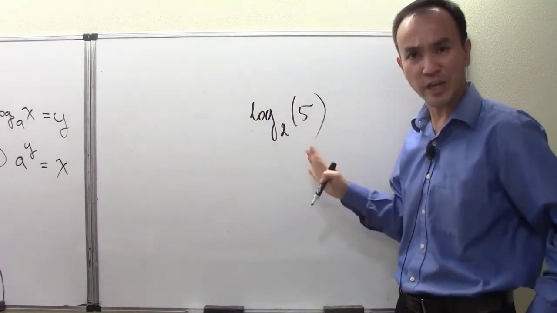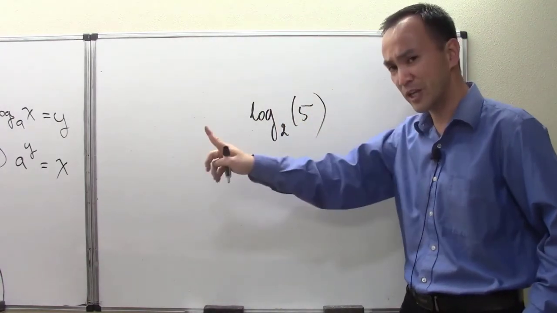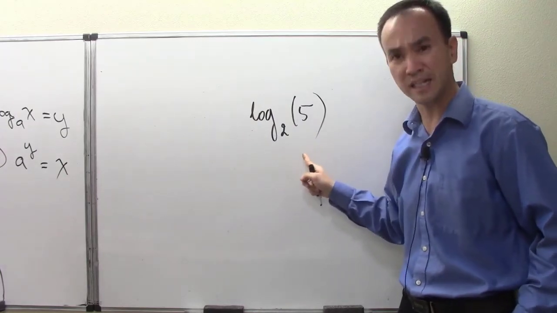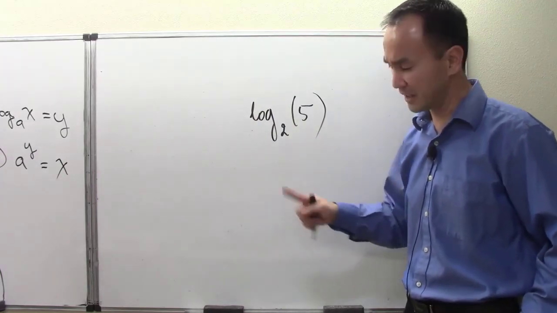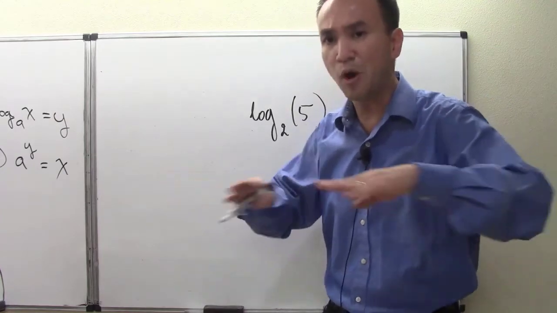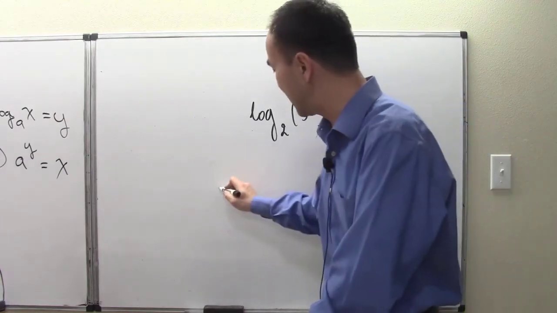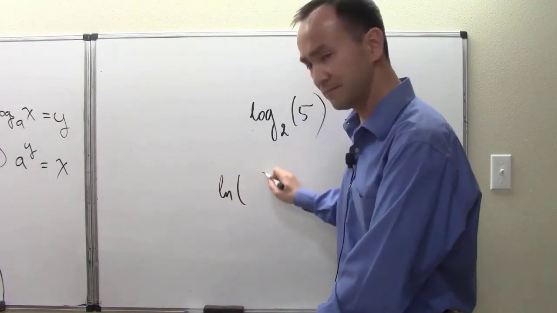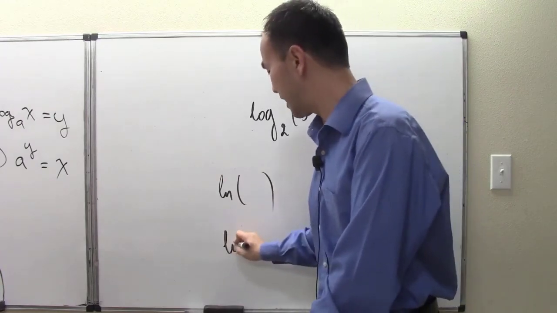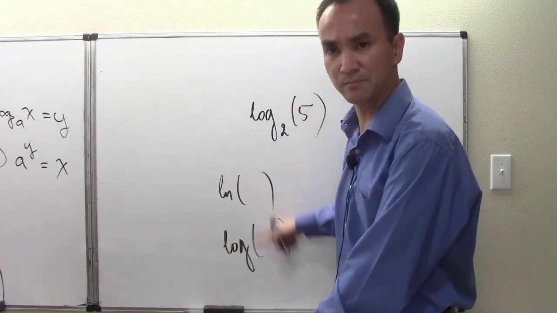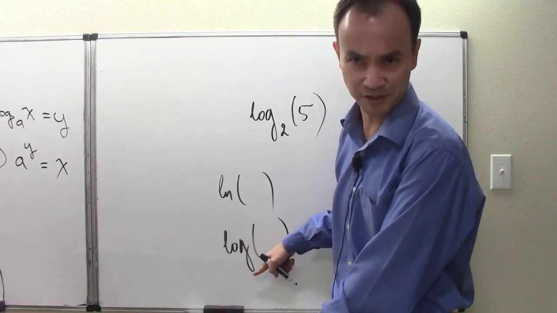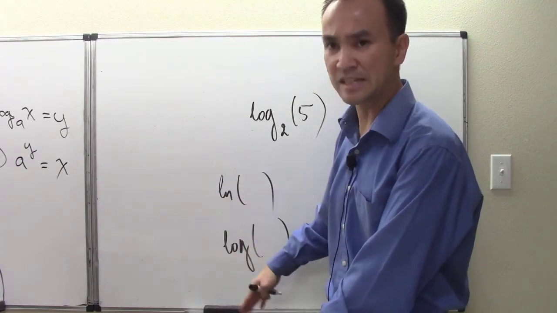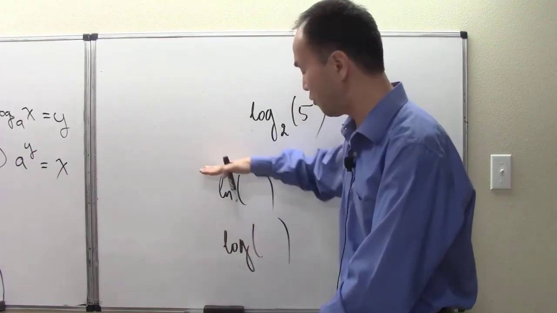The biggest problem is that there's no direct button for log base 2 on the calculator. Any calculator, even the most advanced one, only has the natural log and log base 10. Other than that, more basic ones only have one of these.